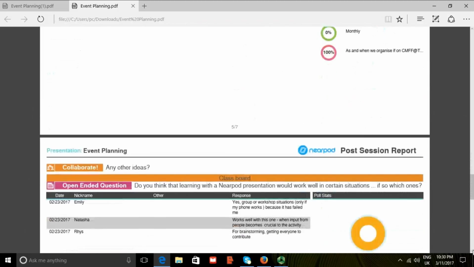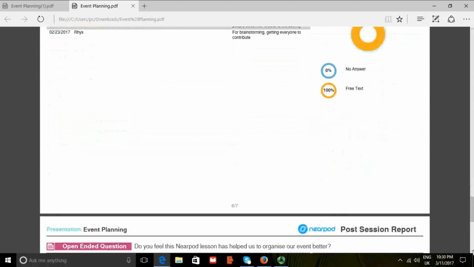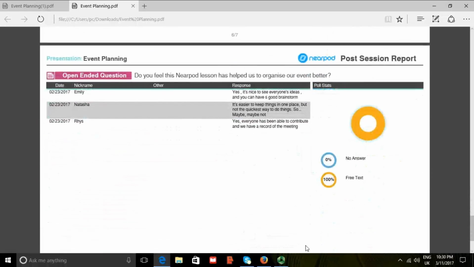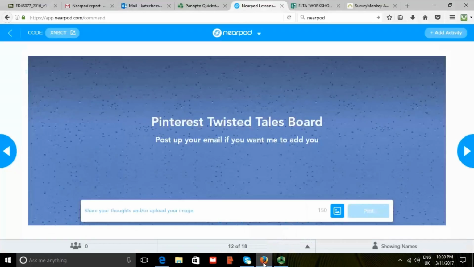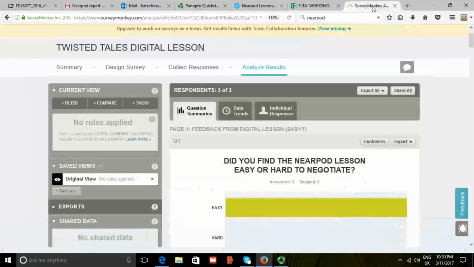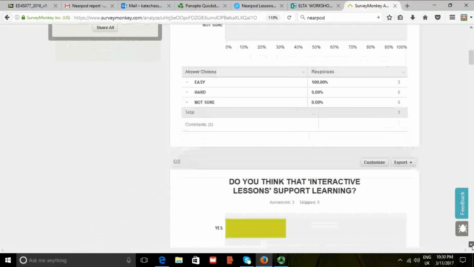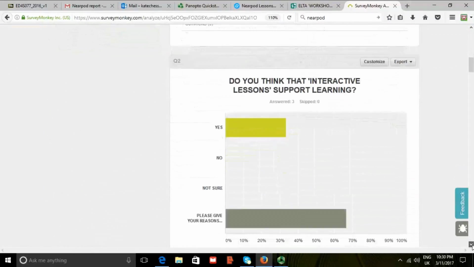I also got them to do a Survey Monkey as well, so that we could see what their ideas were in regard to using Nearpod for other lessons. They all agreed that it was easy to use.